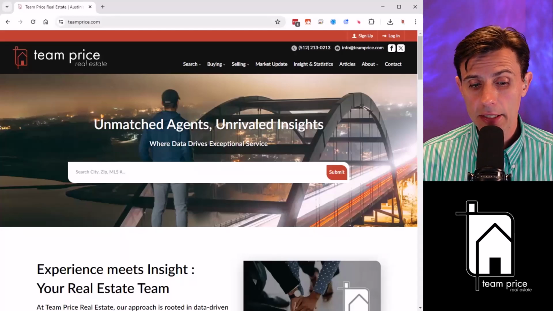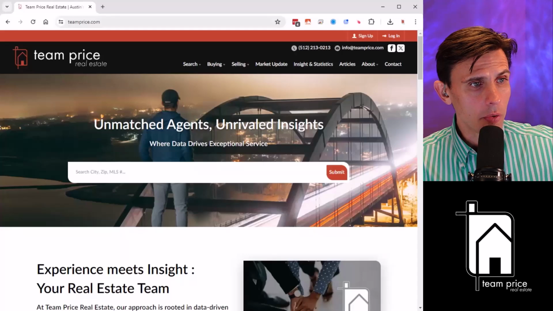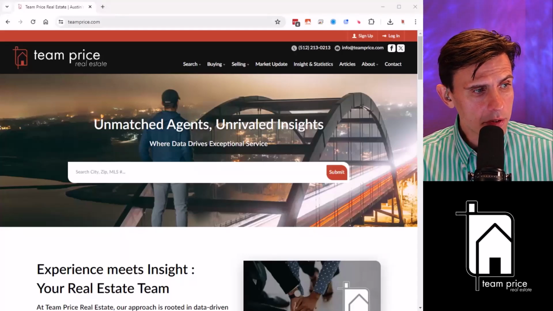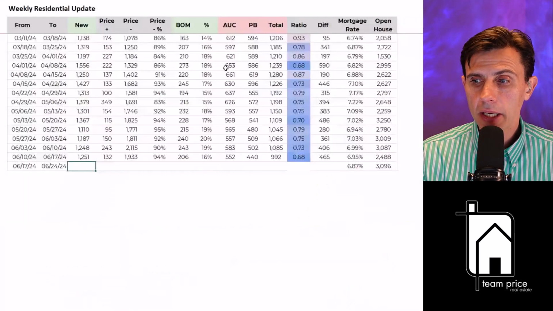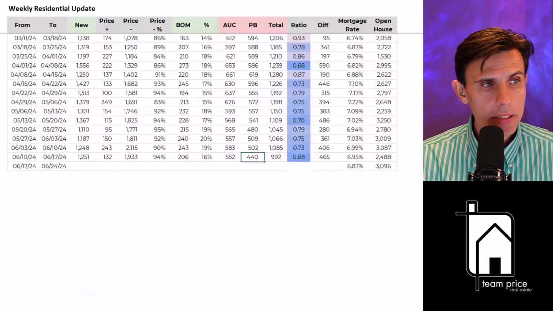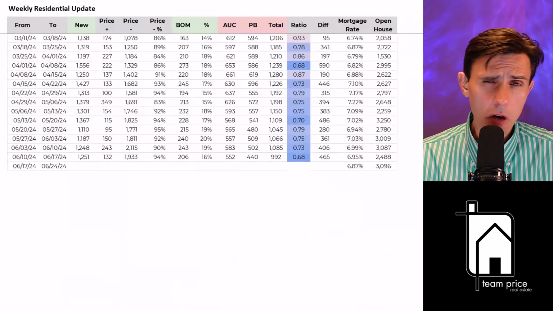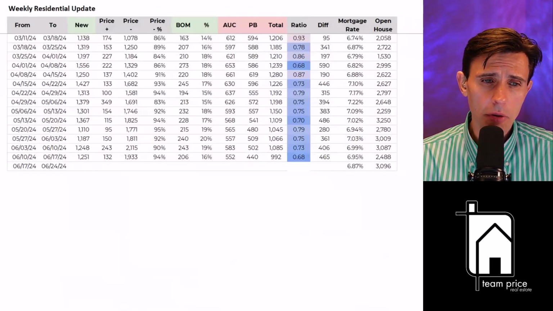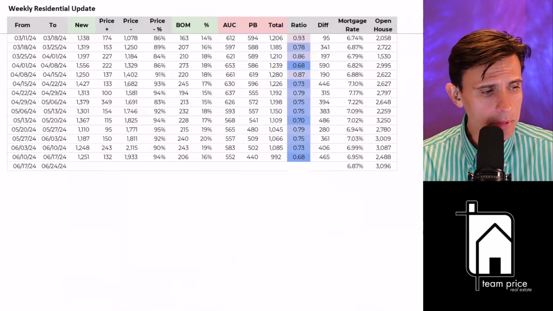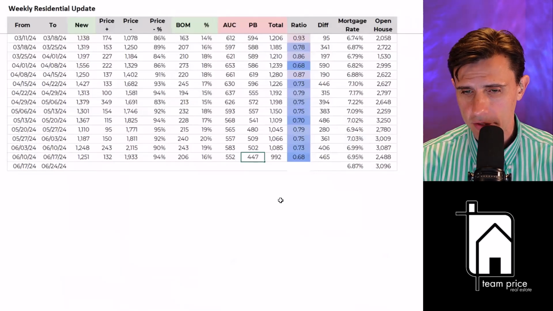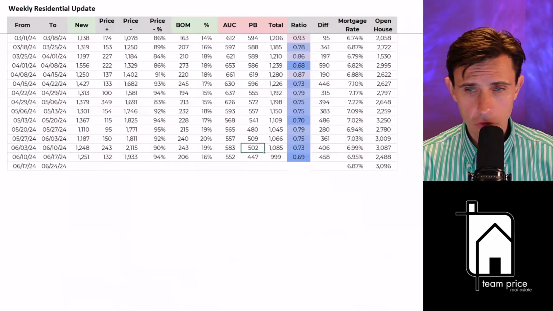That is exciting. We are going to start by updating the new listing to pending ratio, the single best leading market indicator available for our area. We're going to go back a few weeks and make sure that all of the pending data is updated. We are going to start by changing this 440 to 447.